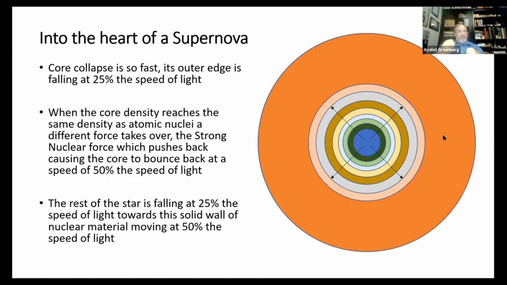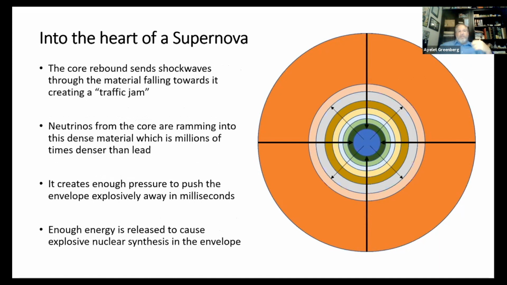So we now have the core bouncing back at 50% of the speed of light and the rest of the star falling down at 25% of the speed of light, which is going to create a pretty fantastic experience. What's happening now is it's creating this traffic jam of all these particles, and the neutrinos generated in that core bounce that are coming out of the core are now not able to get out.